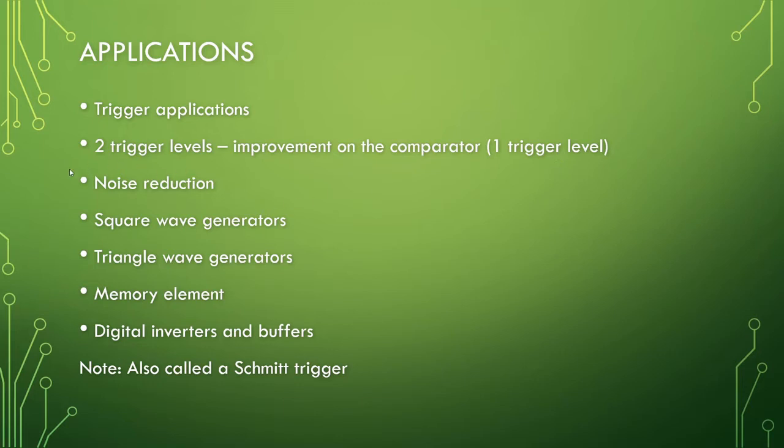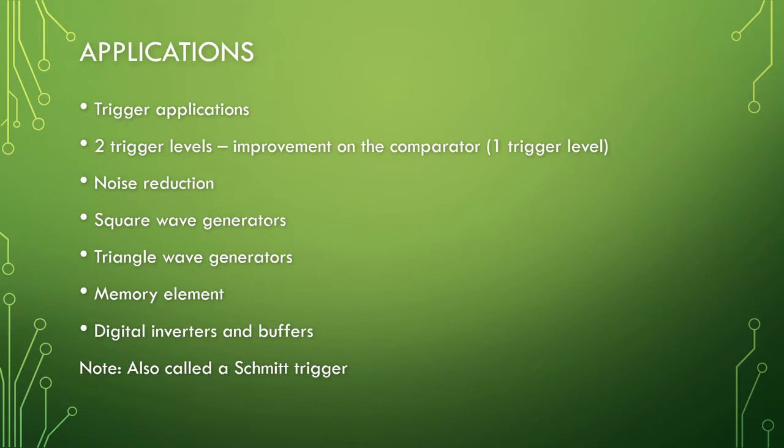So there are two trigger levels in a bistable. This can be used as noise reduction, so that when there is a kind of oscillation around your reference level, you don't trigger all the time. So it's a bit of a buffer.